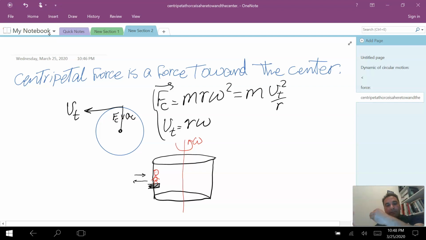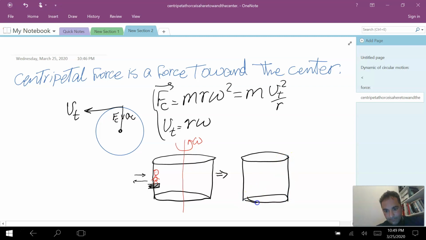So the cylinder starts to rotate at a certain velocity. When the cylinder reaches it, what we see, let's say, is this step goes inside the wall, okay?